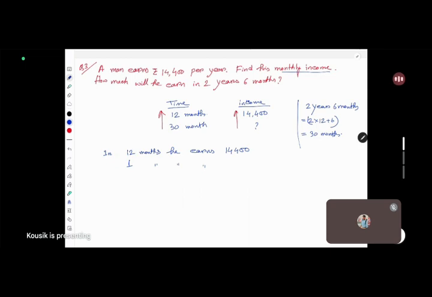So in case of 1 month this should be divided, or in case of 30 months this should be multiplied into 30 by 12.